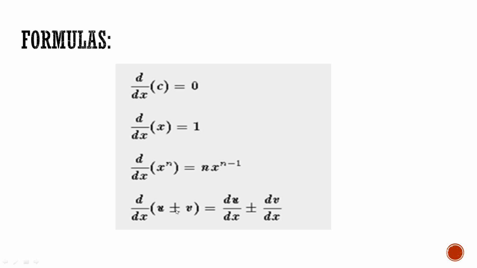So whatever the sign is, plus or minus, just derive the second term, dv over dx. So for an algebraic sum or difference, just derive each of the terms inside the quantity. So in short, we have two terms here. First, the derivative of the first term plus or minus the derivative of the second term, plus or minus if we have the third term, fourth term, and the like.